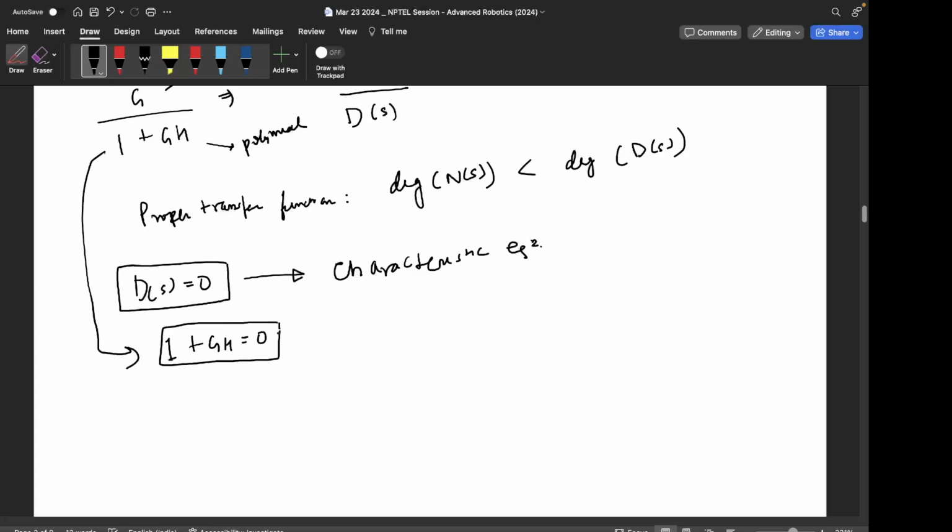Now this is a root finding problem. We have to find the roots of this, right? Because we want to know what are the values of s where the denominator will go to 0, right? And the characteristic equation is also abbreviated as CE, and the roots of the CE, that is the characteristic equation, are called poles of the system.